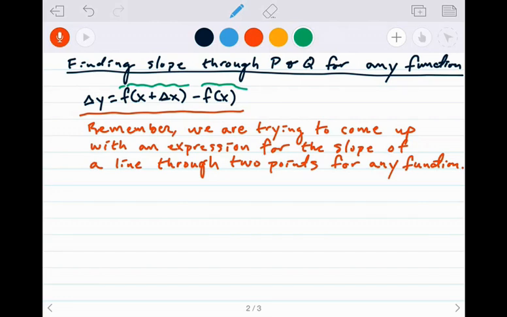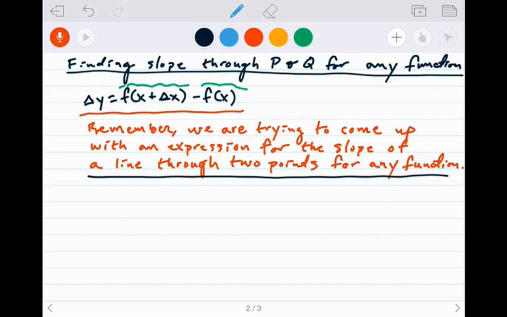Now remember, what we're trying to do here is come up with an expression for any function that represents the slope between 2 points on that function. Basically the slope of any line through 2 points for any function.